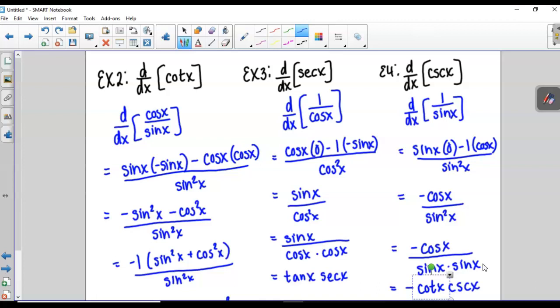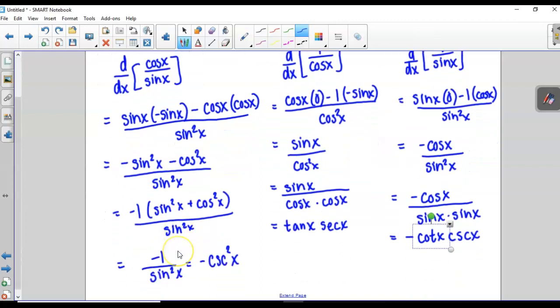Okay, we've got our three different examples up. If we look at example 2, for your notes, you don't have to do the whole thing, but whenever you have cotangent, you're going to end up with negative sine squared x minus cosine squared x over sine squared x. Very similar to what we had for tangent, right? So you factor that out.